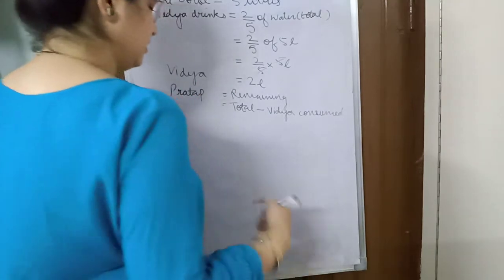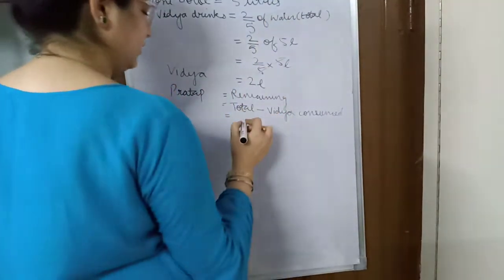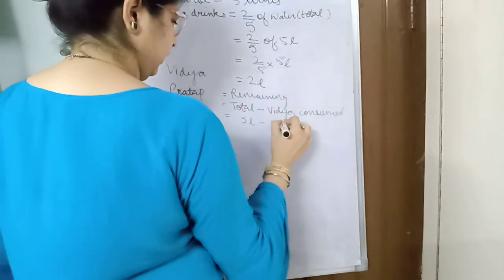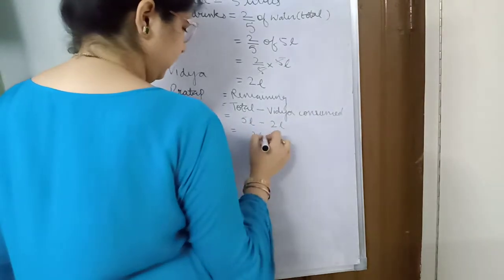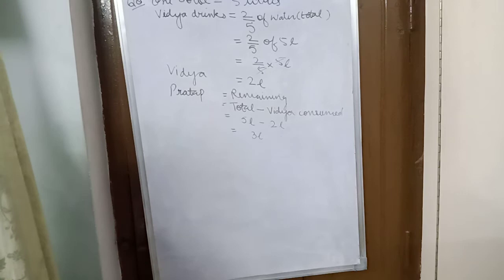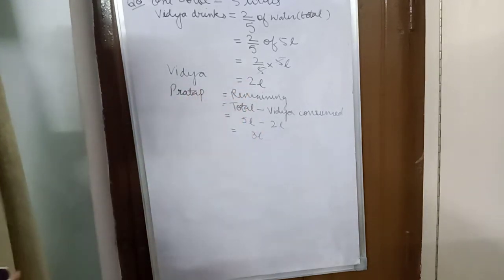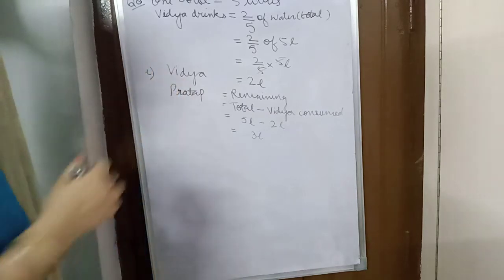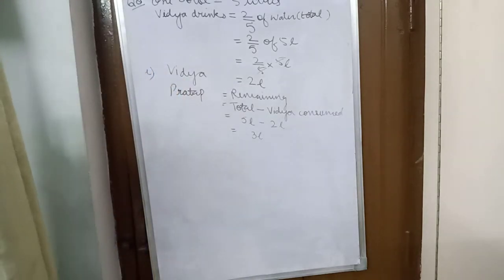So total is 5 liters minus 2 liters, 5 minus 2 is 3 liters drunk by Pratap. Now what they are saying, how much water did Vidya drink? Vidya drinks 2 liters. First part answer is this. And what fraction of the total quantity of water did Pratap drink?